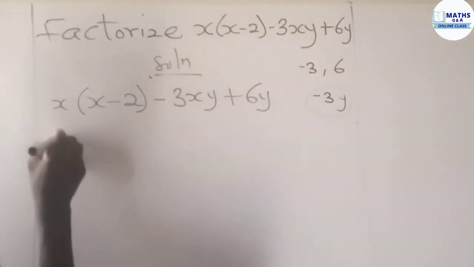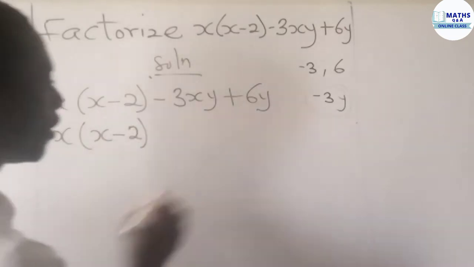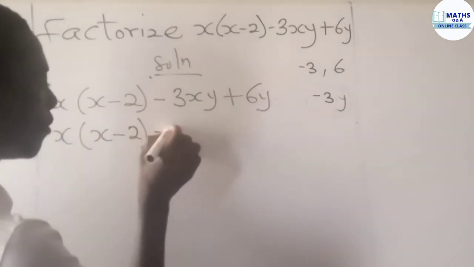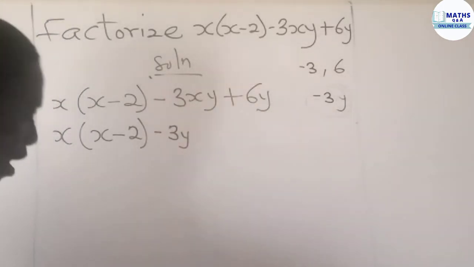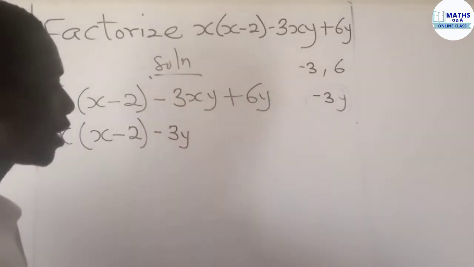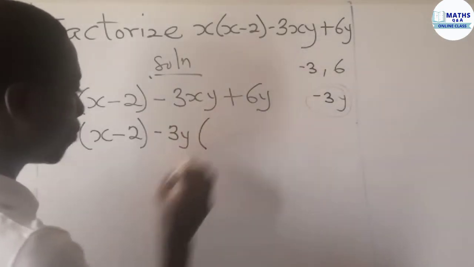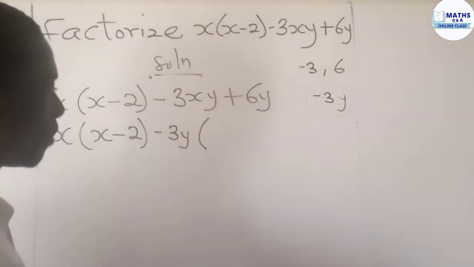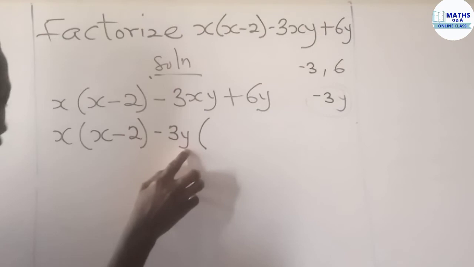So you write your x multiplying x minus 2 and then you write your negative 3y, which is a factor of these two terms. Now we come here. After factorizing this one out, you open your bracket. Now you take the first term. You divide this negative 3xy by this negative 3y.